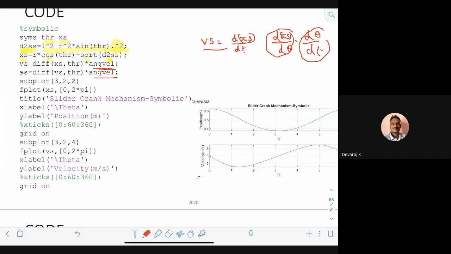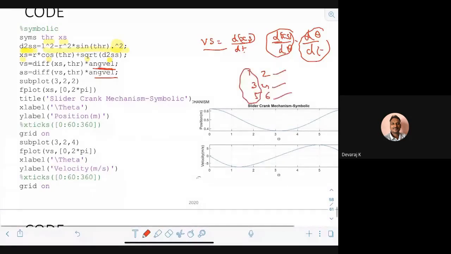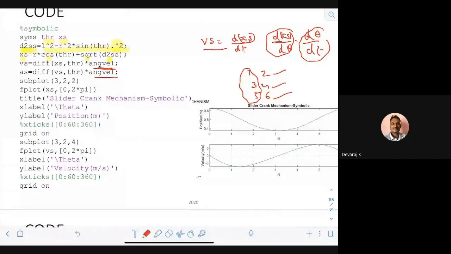Now, what are the graph positions I need to plot? I told you 1, 2, 3, 4, 5, 6. Now, these are all analytical, so 2, 4, 6. So just say plot, and you want to plot it from 0 to 2 pi, because degrees is difficult here. So subplot 2 for displacement, with 0 to 2 pi on the x-axis and xs as the value.